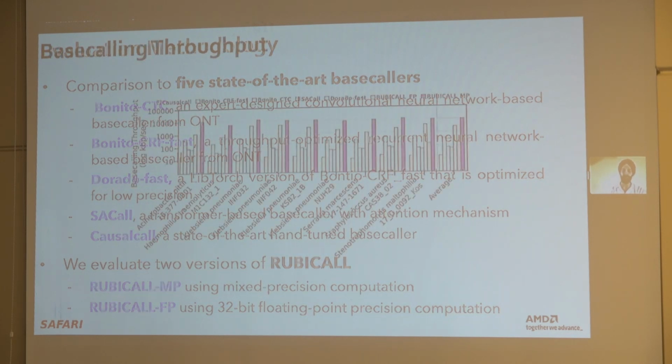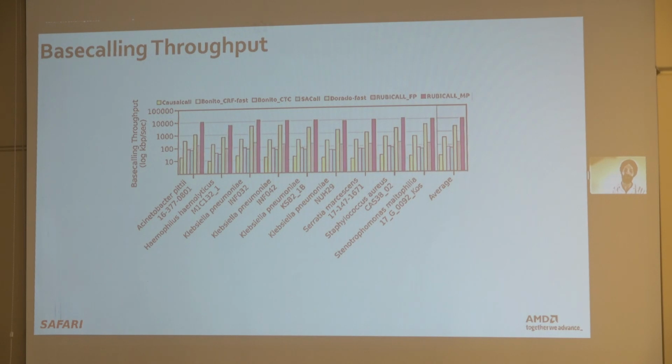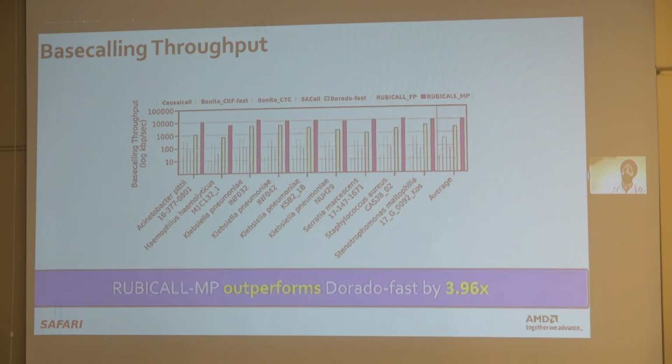And first we show the basecalling throughput. On the x-axis are different species, and on the y-axis is the basecalling throughput, and we compare with different baselines. If we compare to Dorado, which is the state-of-the-art fastest basecaller, we observed that RUBICALL MP outperformed Dorado by 3.9x, because we are really using mixed precision, not just a single specific precision for all of the cores.